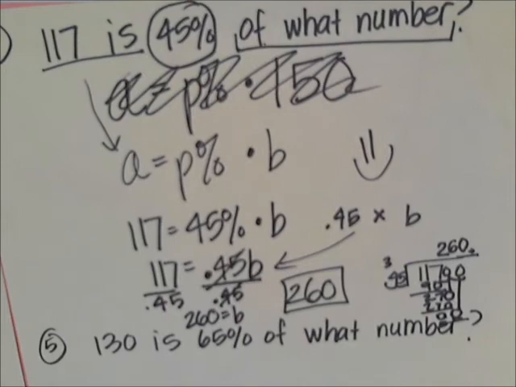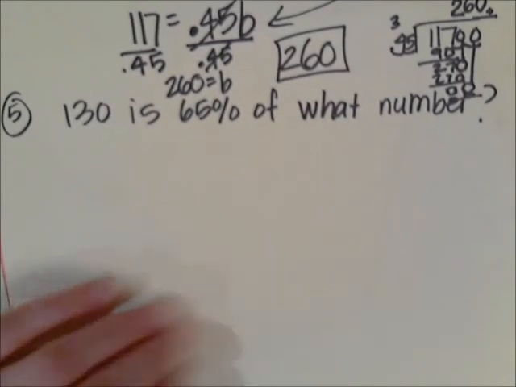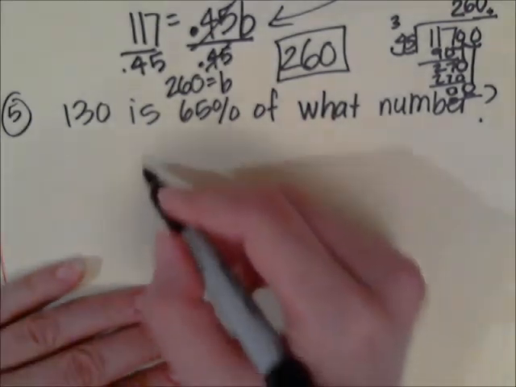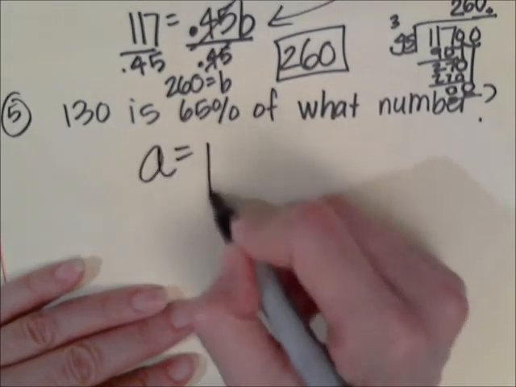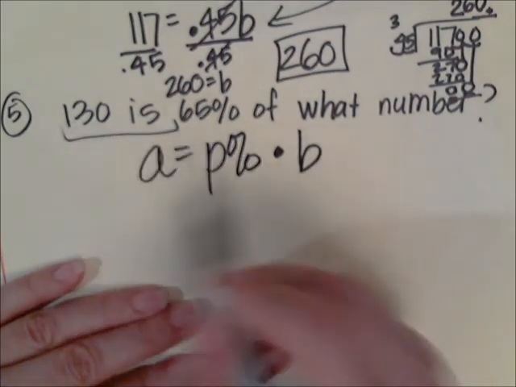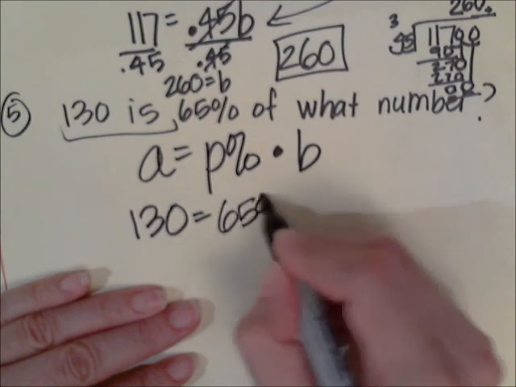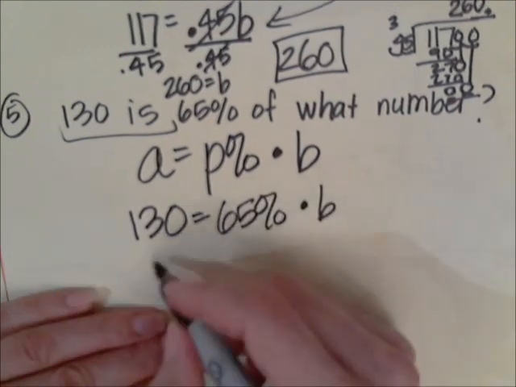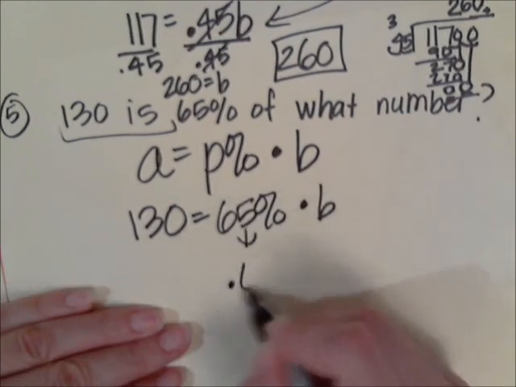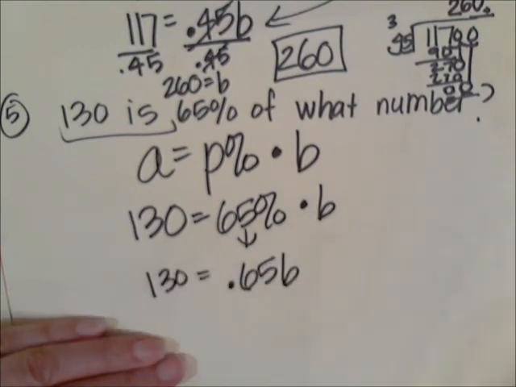Okay, let's do this one. 130 is 65% of what number? Last problem of the night. A equals P% times B. So 130 is, that's going to go here, 65% times B. I'm going to convert this into a decimal and let this be over here, 130.